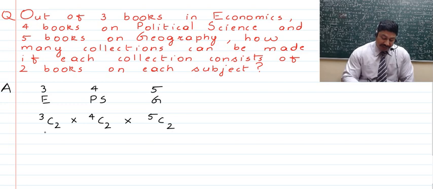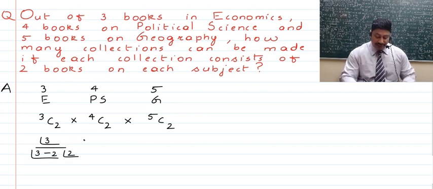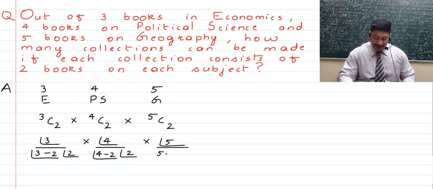So further what we do is we can talk about 3c2 as factorial 3 divided by factorial (3 minus 2) times factorial 2, which is now going to be multiplied by factorial 4 divided by factorial (4 minus 2) times factorial 2, which is further going to be multiplied by factorial 5 divided by factorial (5 minus 2) times factorial 2.